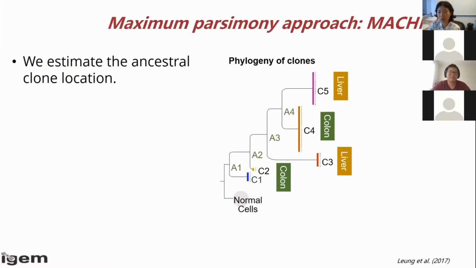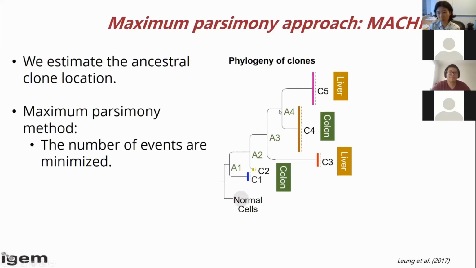There is a method called MACHINA which can infer migration paths by using the phylogeny of clones. In this method, first we estimate the ancestral location of clones. In this case, the ancestral clones are A1 to A4. MACHINA is a parsimony approach.